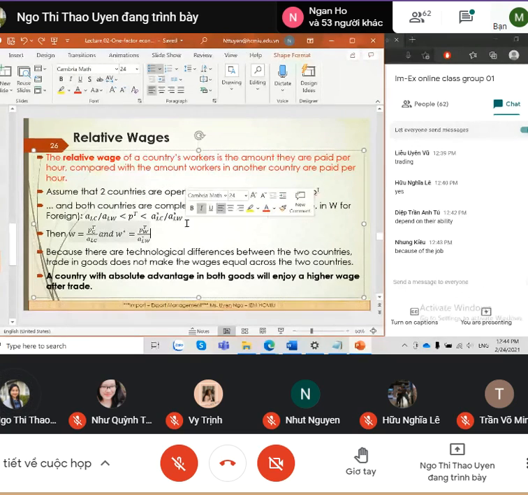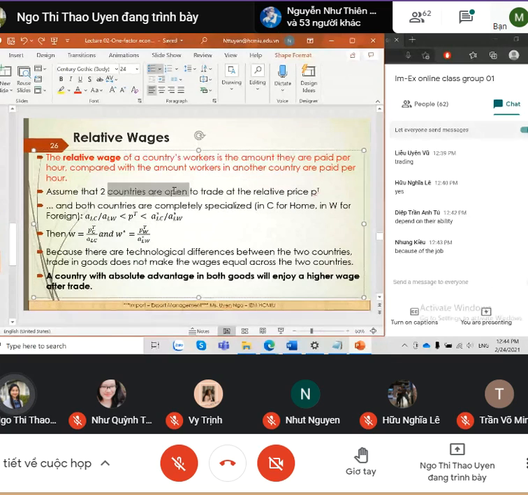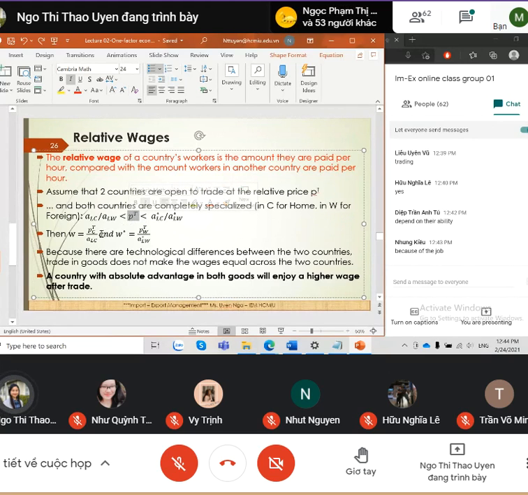So we assume that two countries are open to trade at the relative price, this relative price of trade. So we have only one relative price: one price of cheese, one price of wine only.